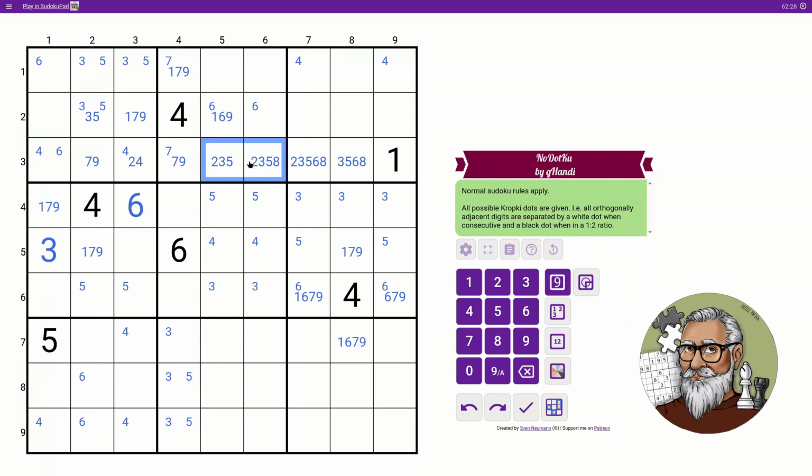Of course, we can't have 3 and 5, so we have 2 or 8 here, right? Because 3 and 5 were in the same column. So we have 2 or 8 in one of these.